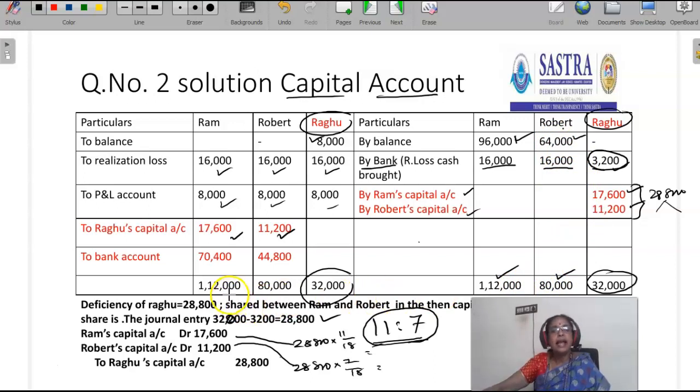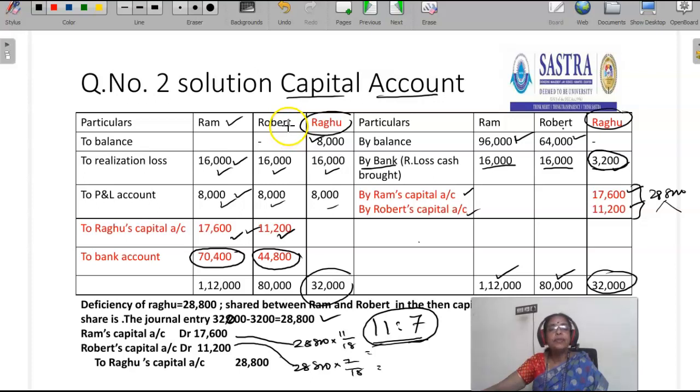So from 1,12,000, if we deduct 16,000, 8,000, 17,600, the balance is 70,400. From 80,000, if we deduct 16,000, 8,000, 11,200, the balance amount is 44,800. So Ram has to be given 70,400.